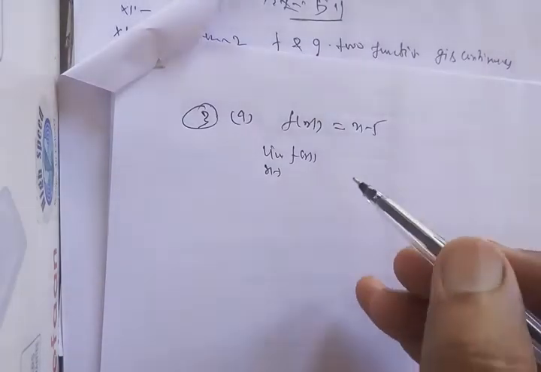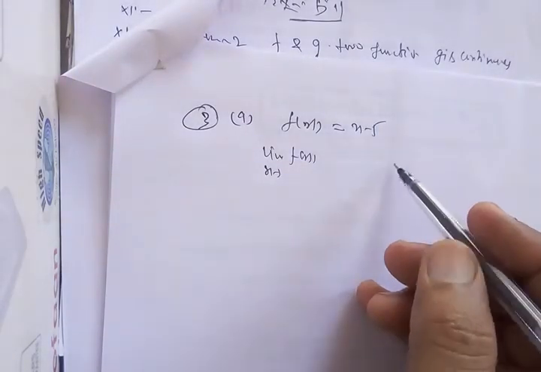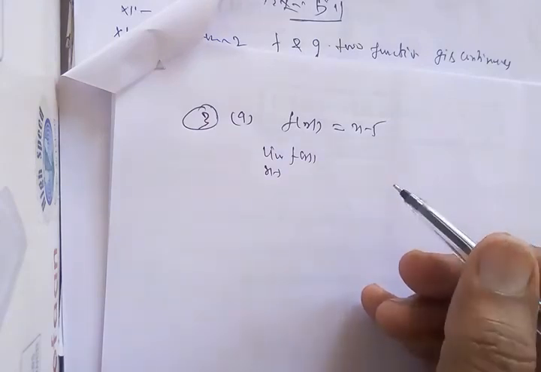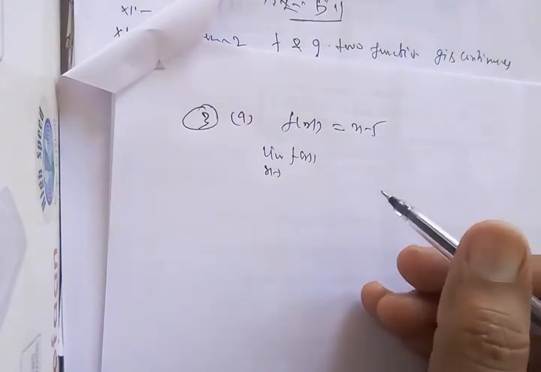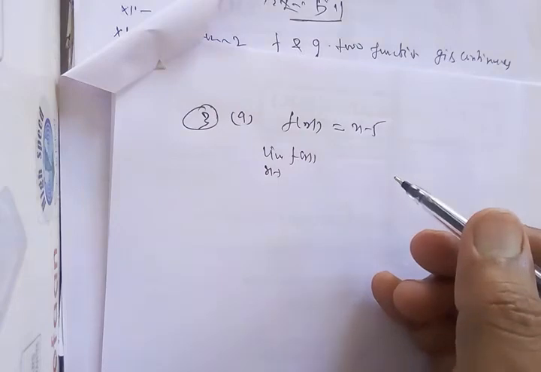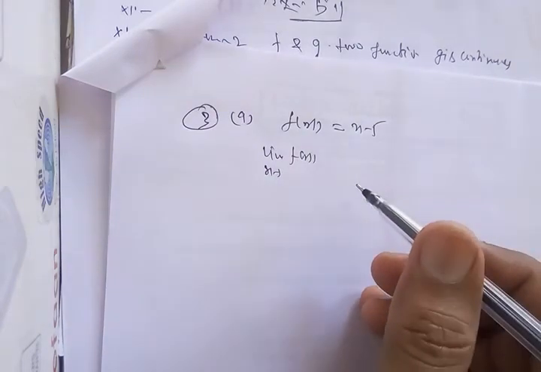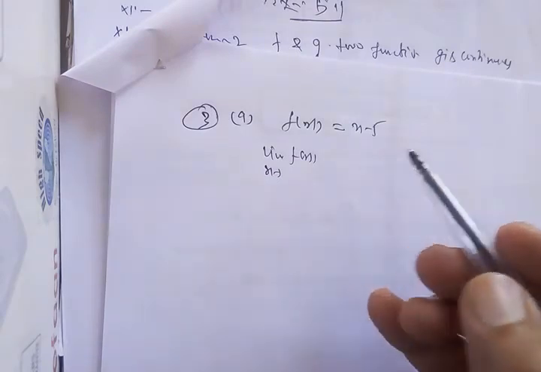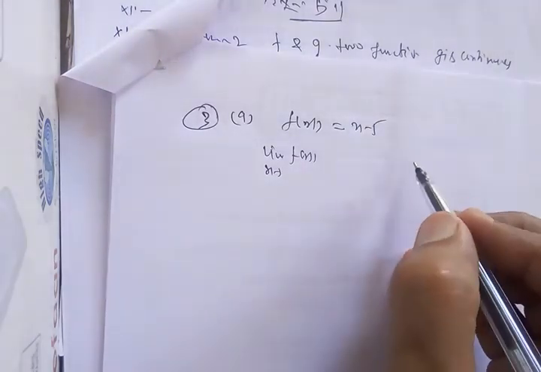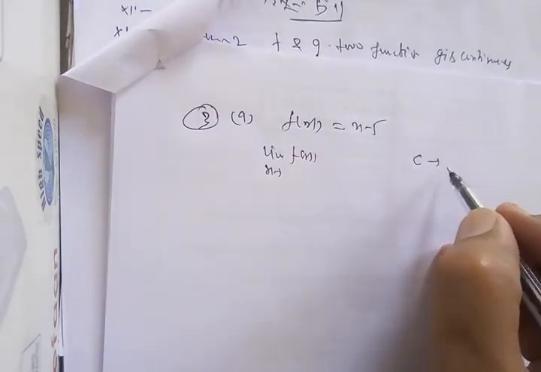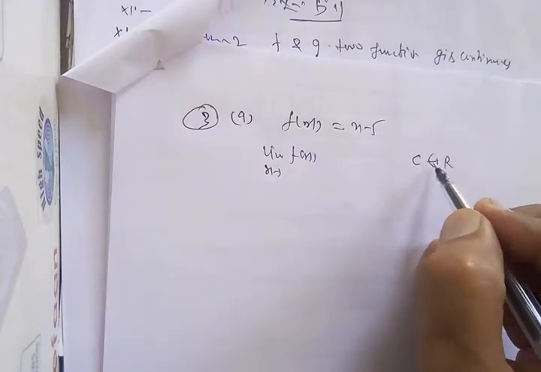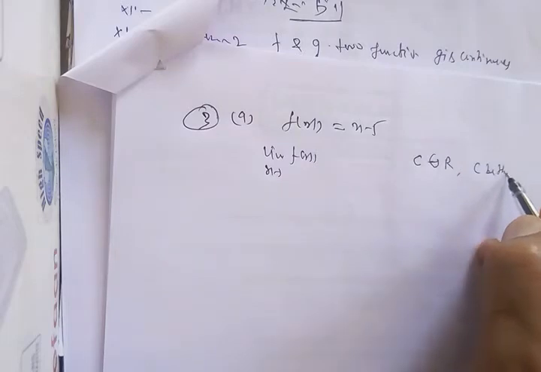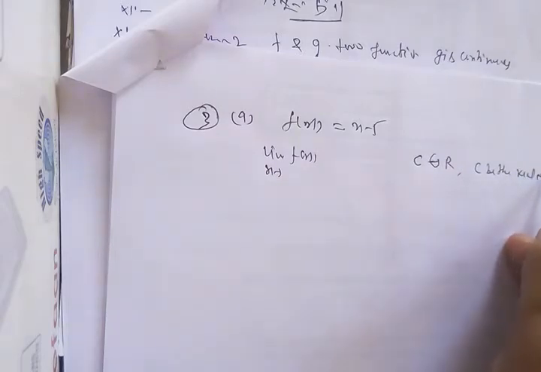This type of question is already solved like question number 1. We only find the limit of f(x) and check the definition. So we examine whether f(x) is continuous or not. x minus 5 is the function. No value is given, so c belongs to the real numbers. Let c be a real number.